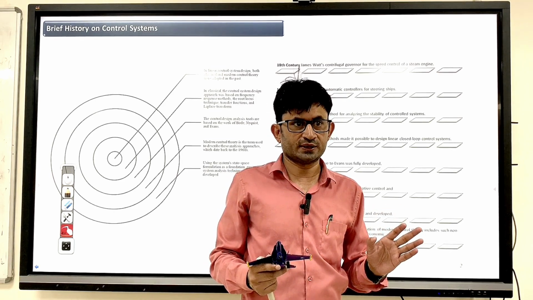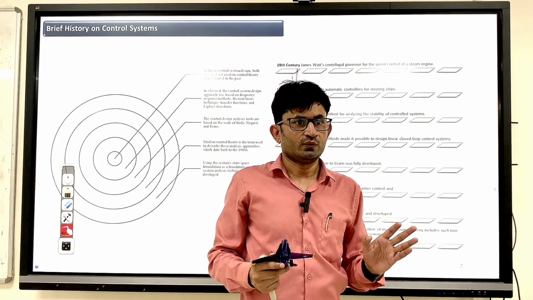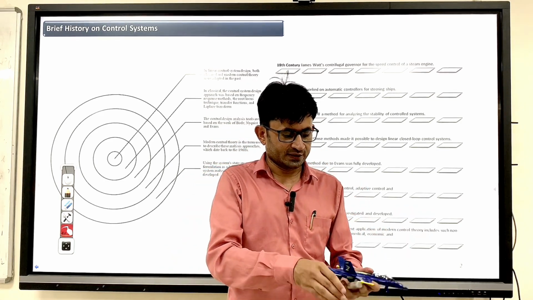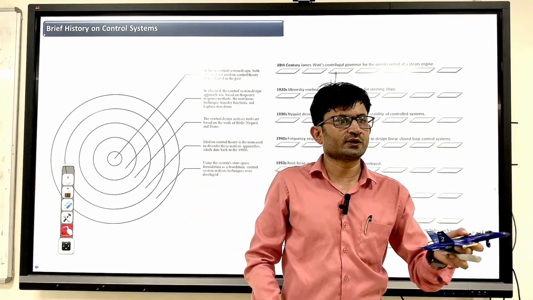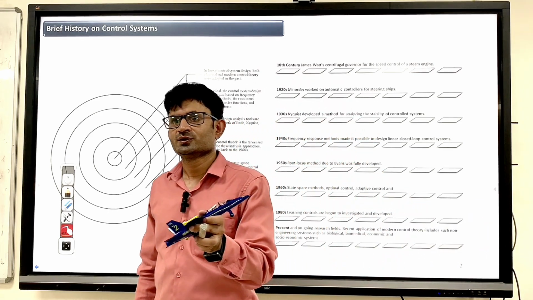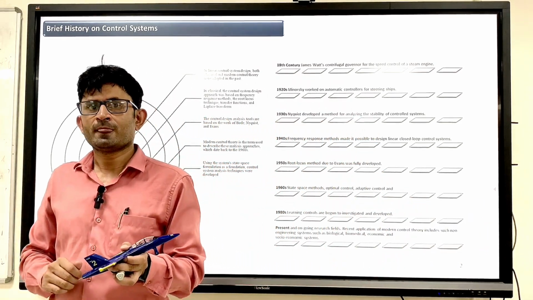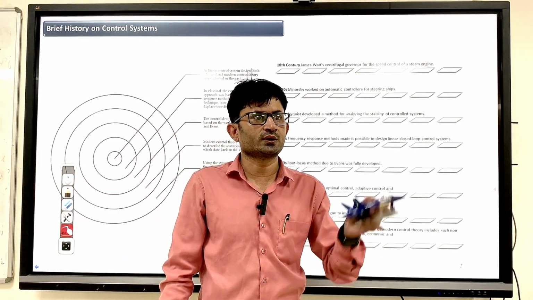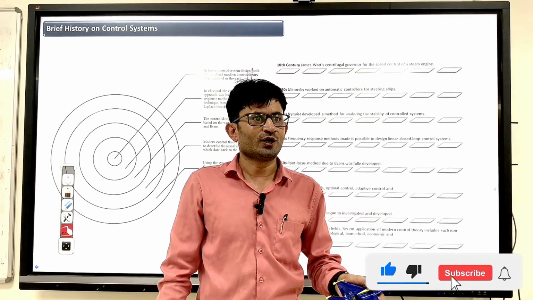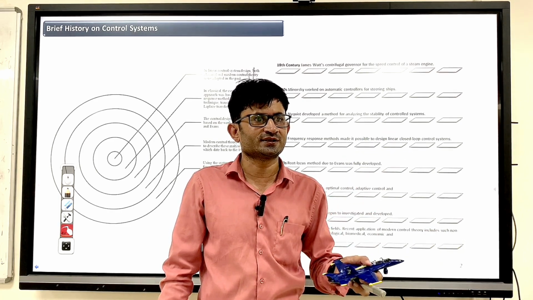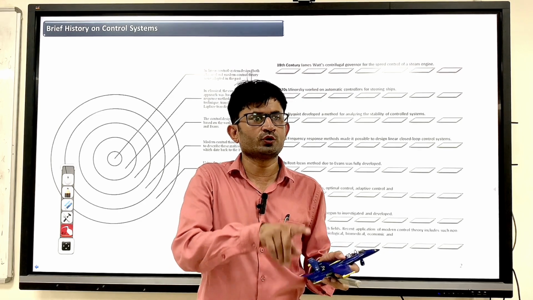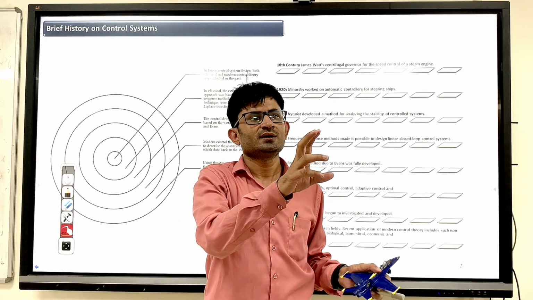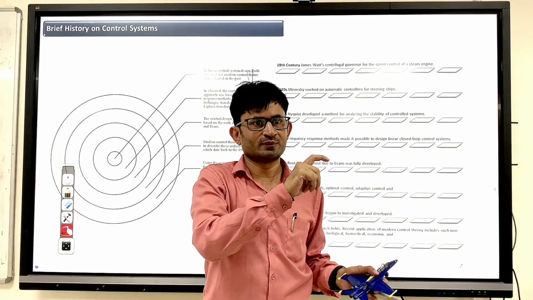But modern control theory works on, for example, the state space method. If you deflect the elevator up, you will get only pitch, right? So single input and single output, but you have to see other states also. Whether the aircraft is going up or down, or speed is increasing or decreasing. So by giving one input, you have to monitor the other states also. That is the state space method, modern control theory.